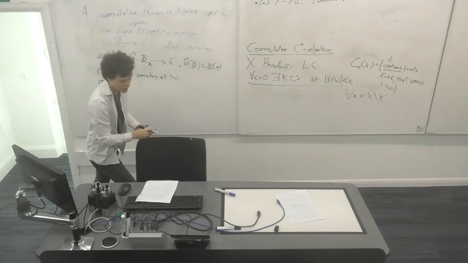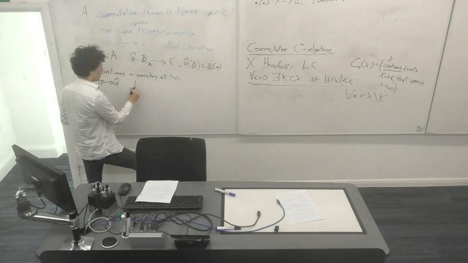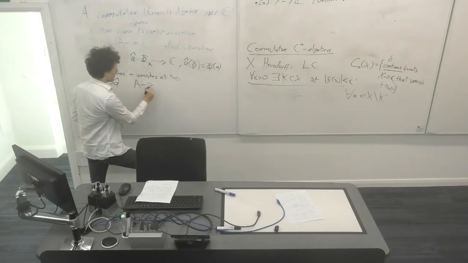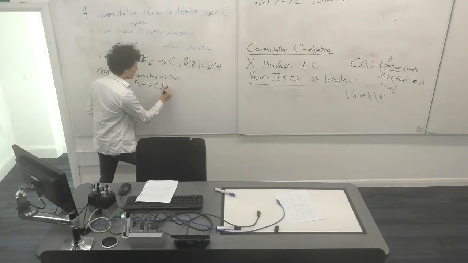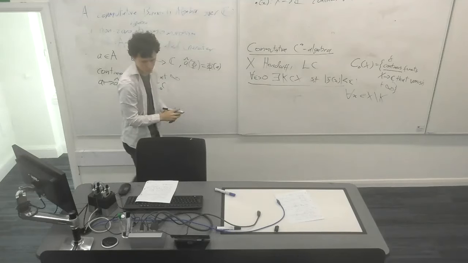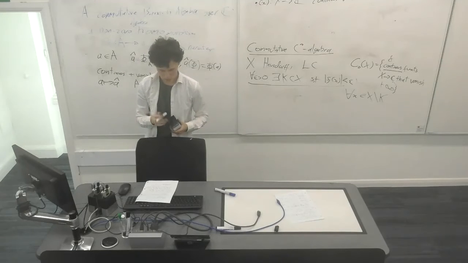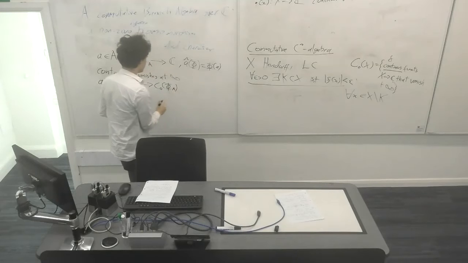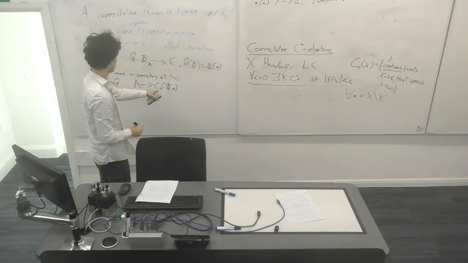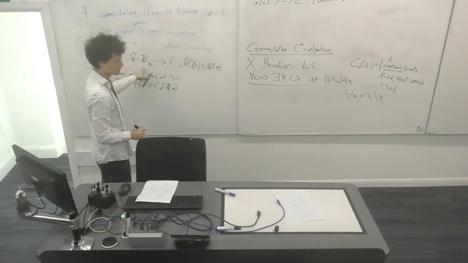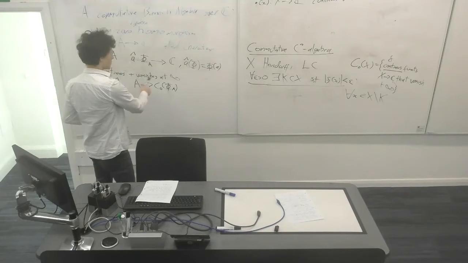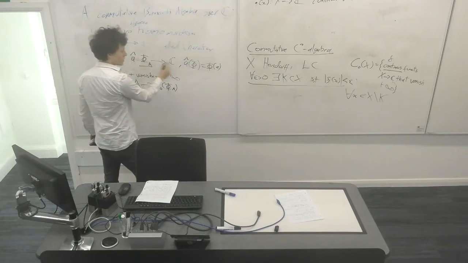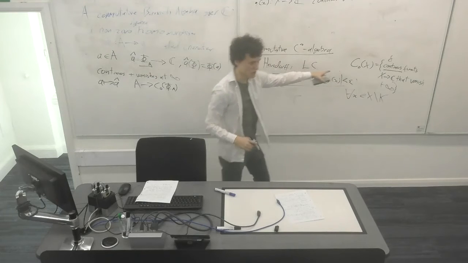A to A hat is a function from the algebra into C0 of the set of characters, because A hat maps a character to C, and its function there is continuous.